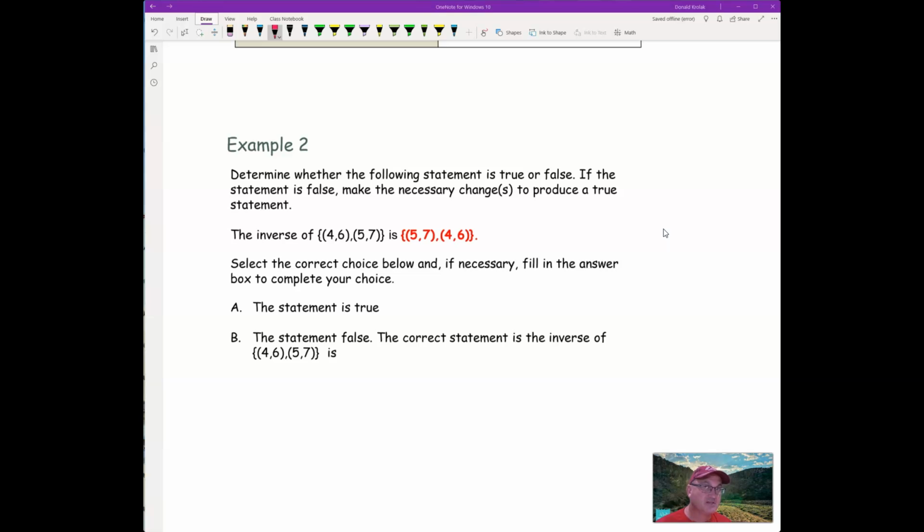We didn't switch the x and y coordinates. So this statement is false. The true statement would have been taking (4, 6) and writing it as (6, 4), taking (5, 7) and writing it as (7, 5). Now this is the inverse of this relationship. I switched the x and the y's.